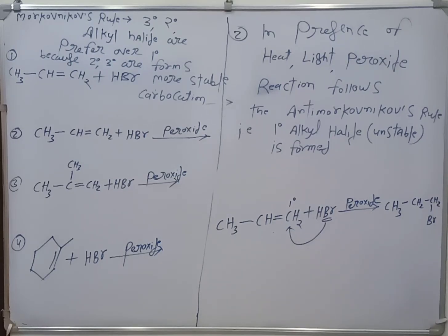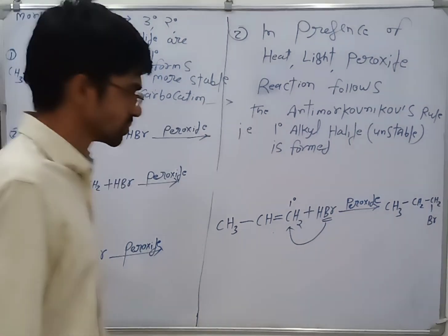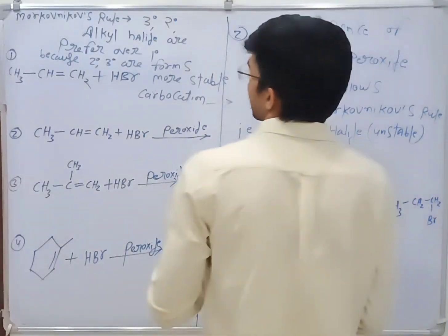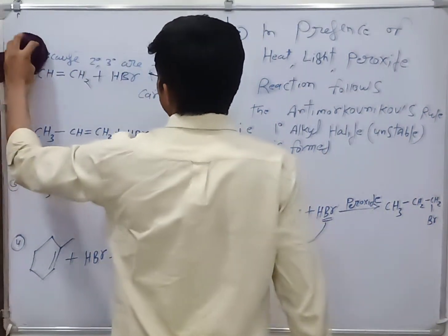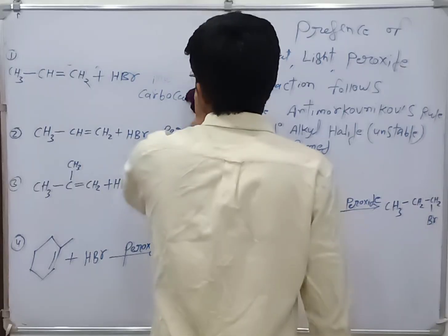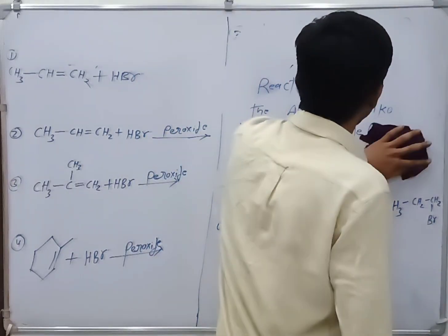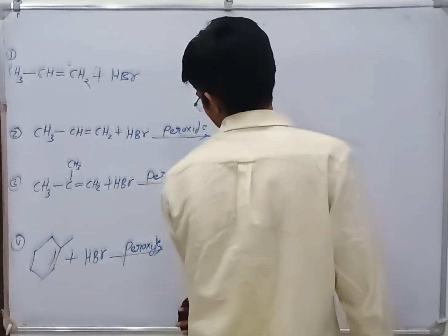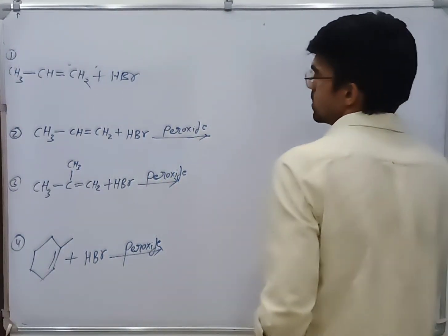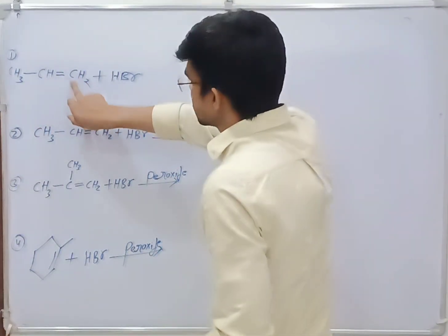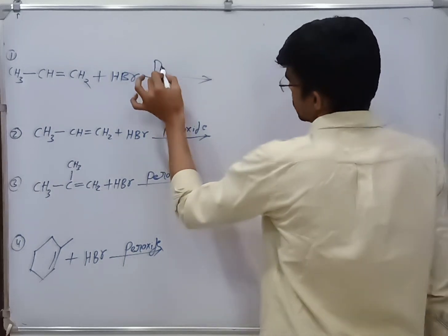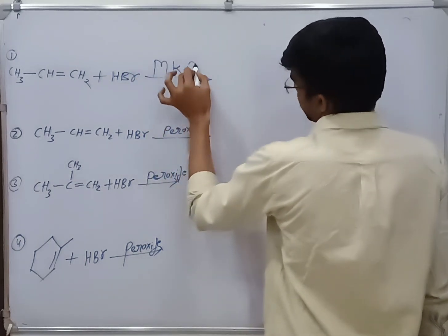Alright. Now I have written some examples on the left side. Let's solve those examples. See, first, CH3 CH double bond CH2 with HBr. It will follow the Markovnikov rule.